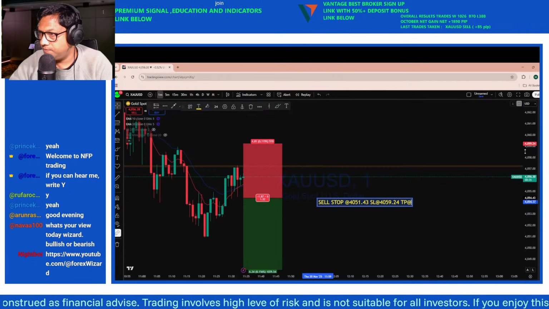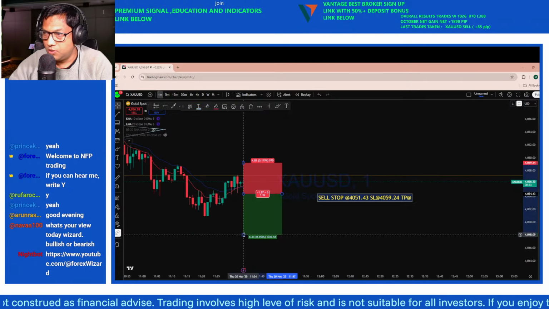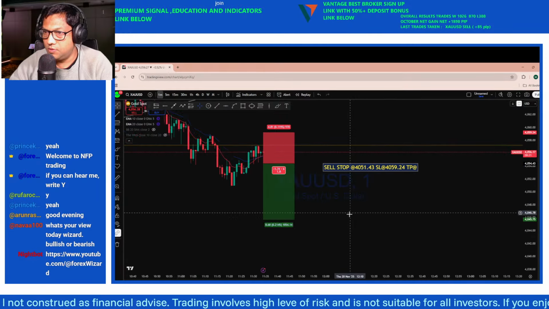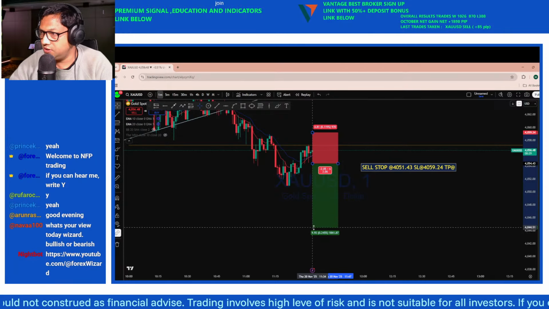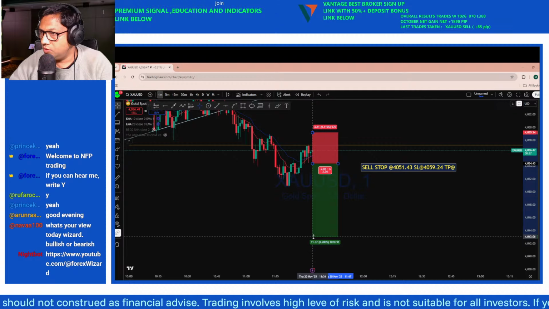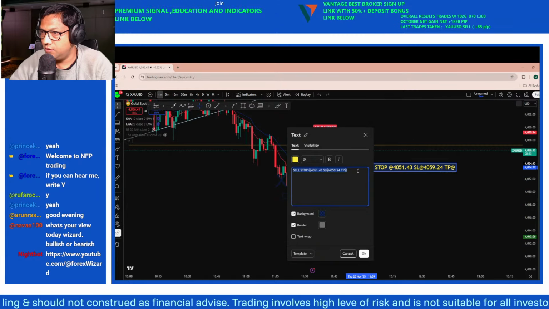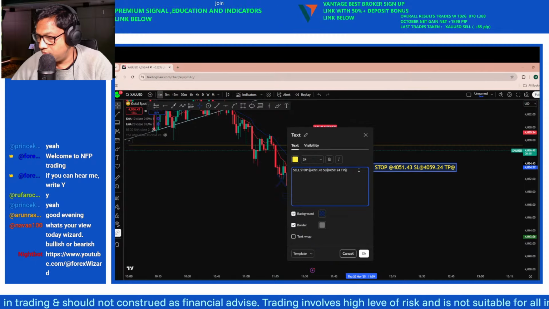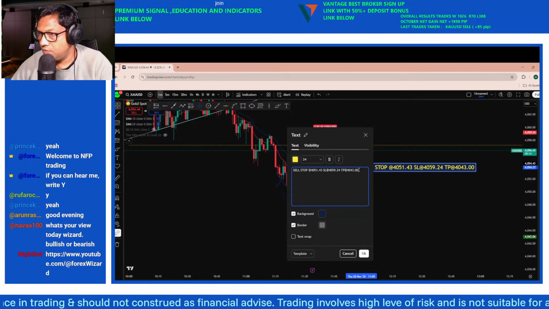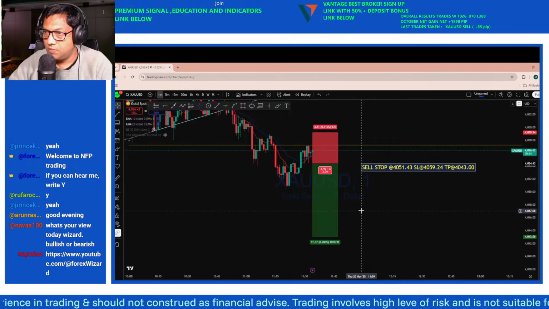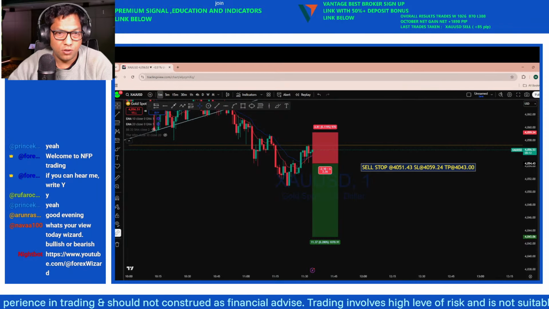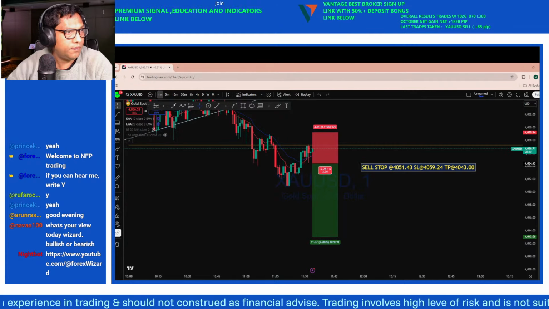you can take it to the lower level here. If the market breaks, we'll keep it at this level, 4043. This is a sell stop order, so not a market order.